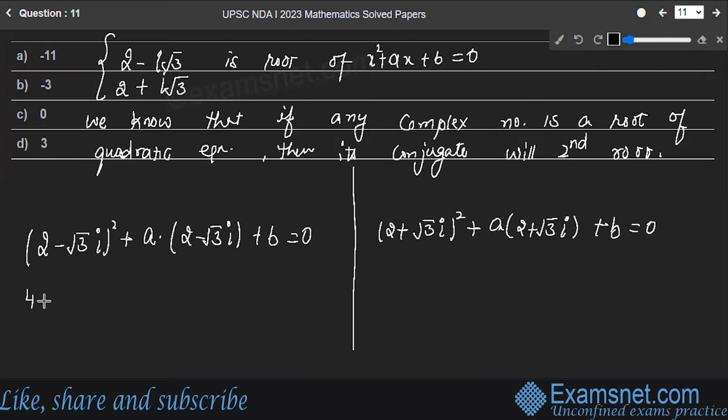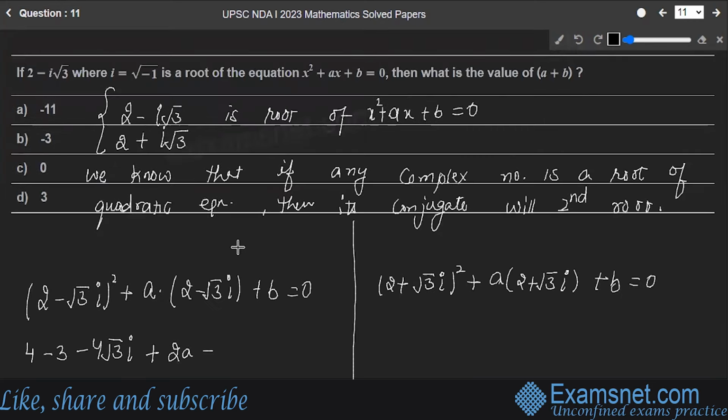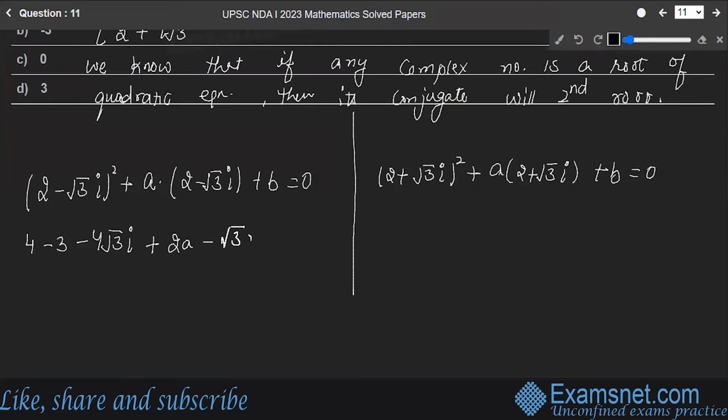So you will have 4 plus 3 iota square, so this will be minus 3, minus 4 root 3 iota, plus 2a minus root 3a iota plus b is equal to 0. So you have here 1 minus root 3 iota (4 plus a) plus 2a plus b is equal to 0. So this is the first equation.